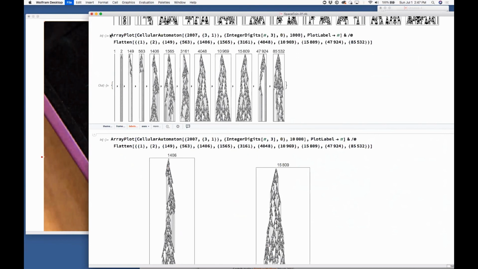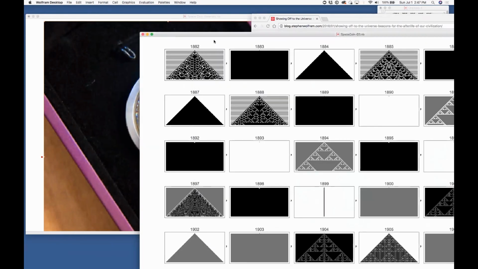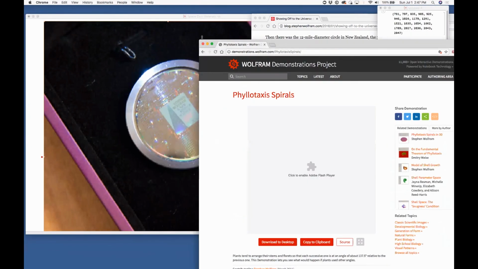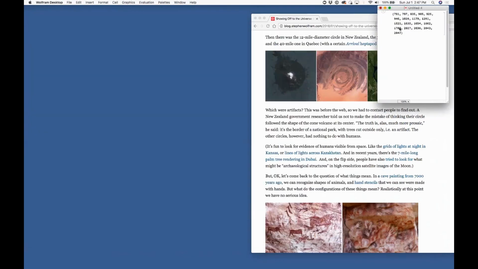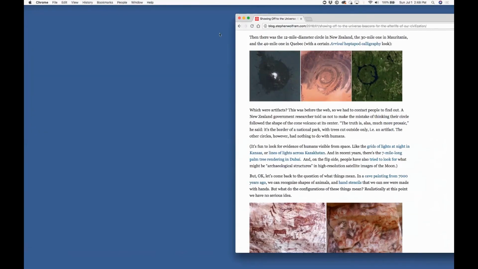But I'm pretty happy with this direction. I think this is going to lead to a reasonable space coin pattern. Okay, so we're going to segue to something different here. And what I wanted to segue to, okay, new topic.